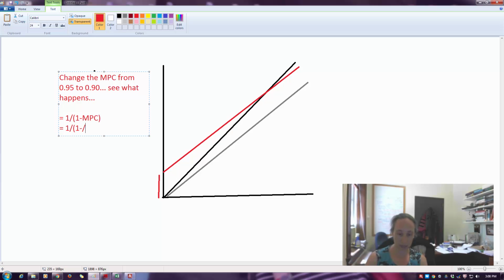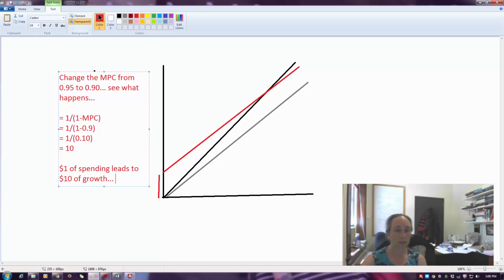We're going to get 0.90, which is 1 over 1/10, which is 10. So now we're going to find that $1 of spending or investment or government spending, whatever it is, will lead to only $10 of growth.